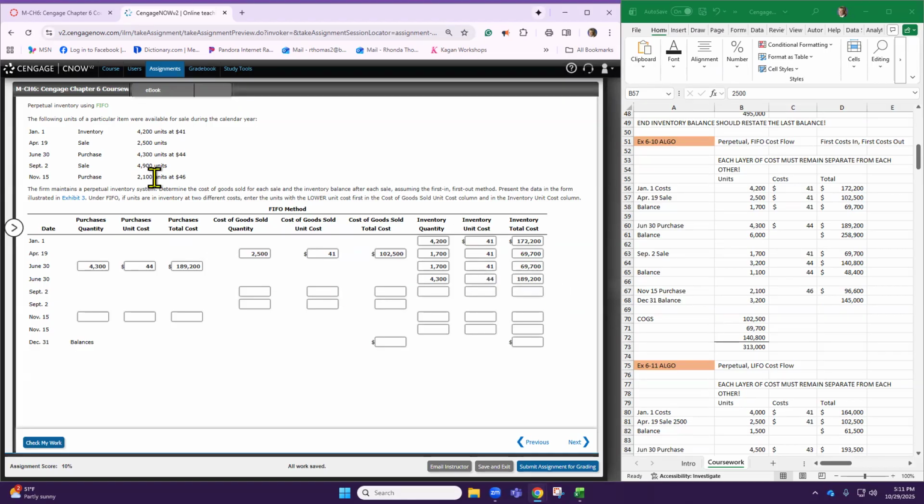Okay, so we're going to sell 4,900 units. Well, all 1,700 of that $41 cost is going in that sale. So we don't have any more $41 cost. And then to finish the sale of 4,900 units, right? 4,900 units is the number that we're selling.